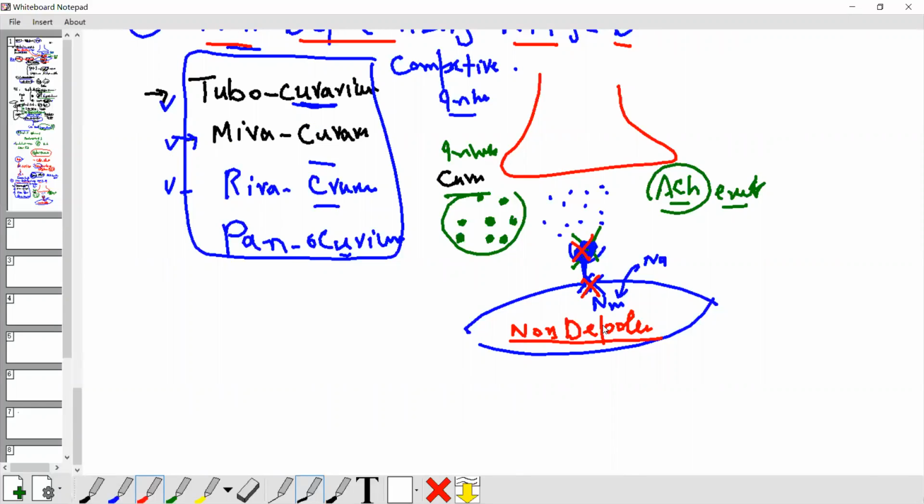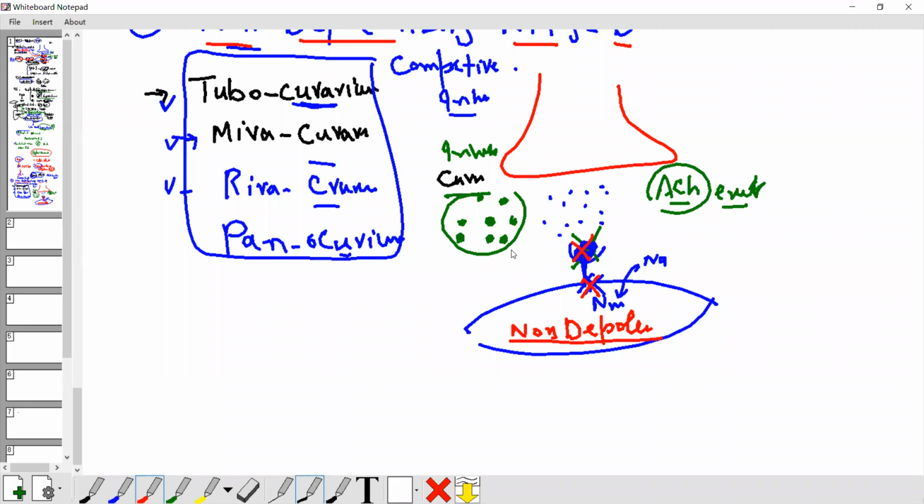That's why it is known as a non-depolarizing neuromuscular junction blocker. Do they excite the muscle first? No. They directly block the receptor. Can they produce hyperthermia? No. Hyperkalemia? No. Lactic acidosis? No. So these side effects are not present there.